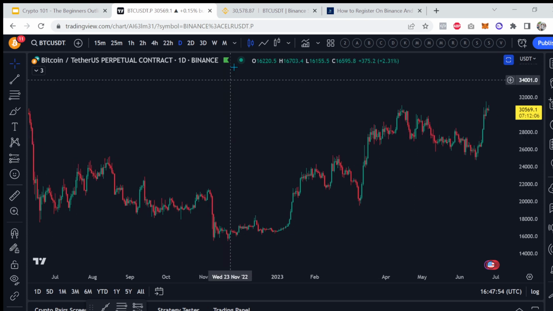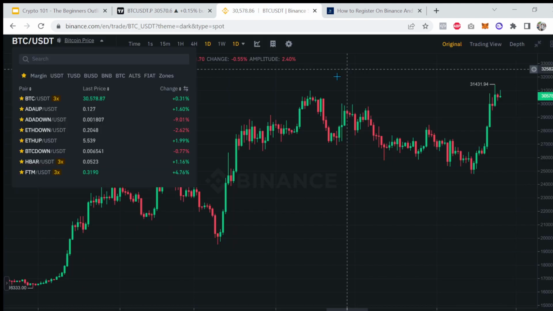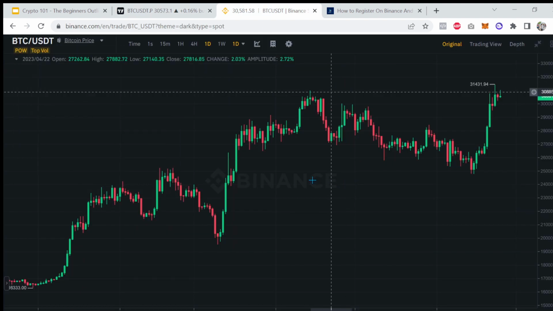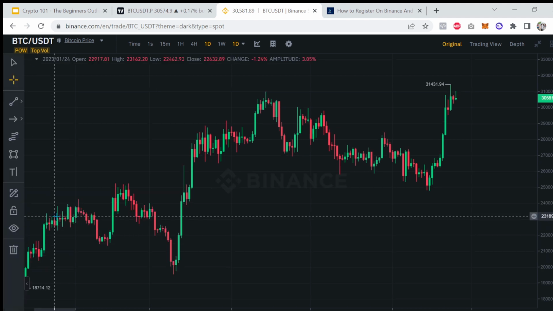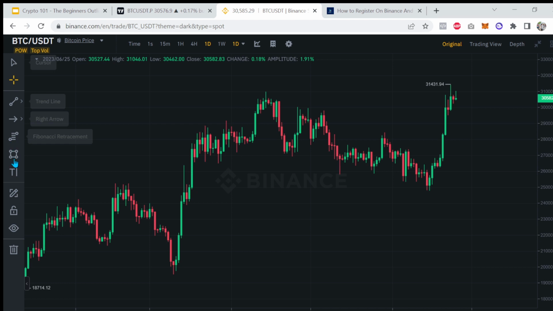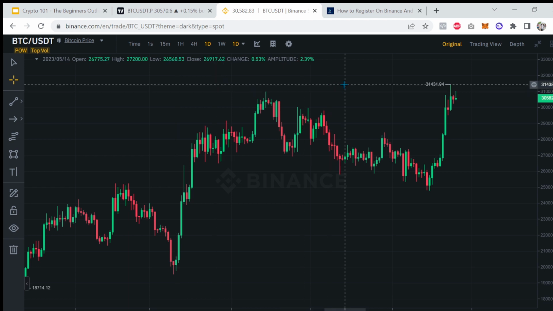It has a lot more tools, and it's the standard when it comes to charting tools in the trading industry. But nevertheless, if you want to use the exchange's default charting tool, you can. You can see there are a couple of tools here: Fibonacci, short and long, text, trend lines, and stuff like that. So you can also use this as your charting tool.